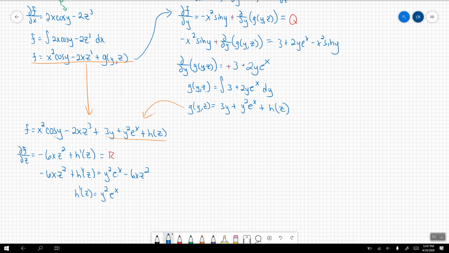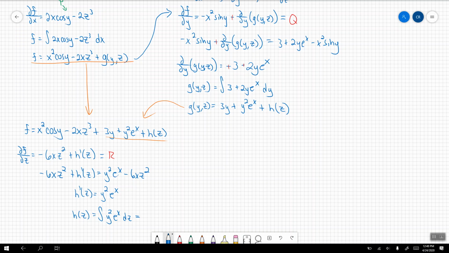All we have to do now is integrate with respect to z, and that's y squared e to the x with respect to z.